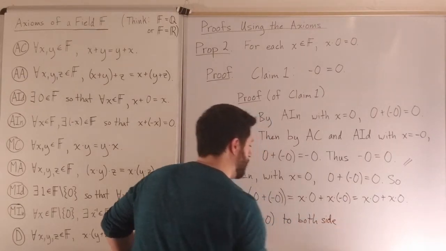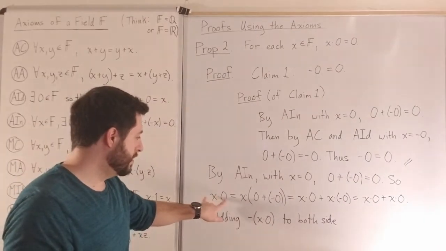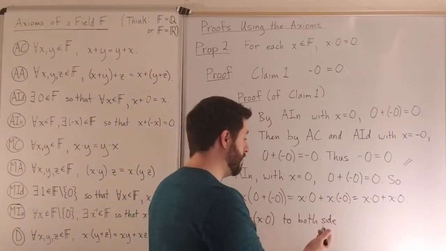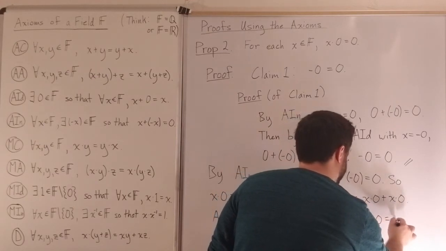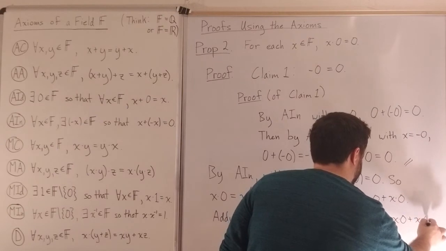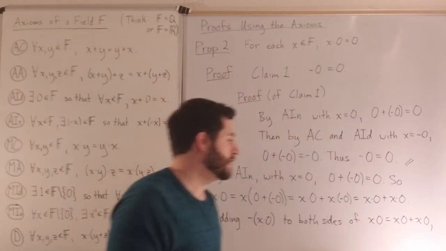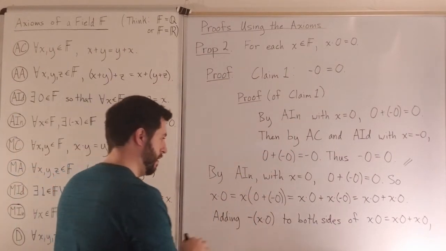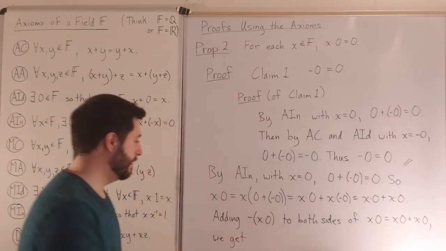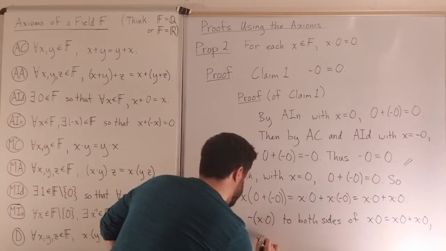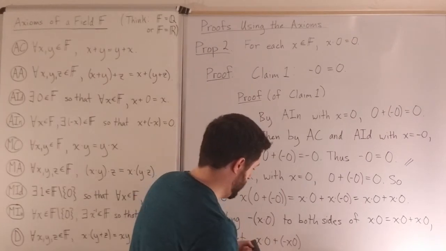And if I just wrote that down, it wouldn't really be clear what I'm doing, because what does both sides mean here? Well, both sides means the far left and the far right. So I'm just going to rewrite that. So I'm going to add this opposite of x times 0 to both sides of this equation. And that's going to give us, and I want to be careful here.